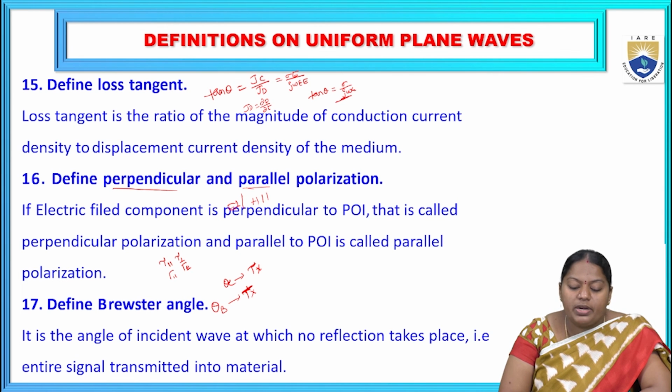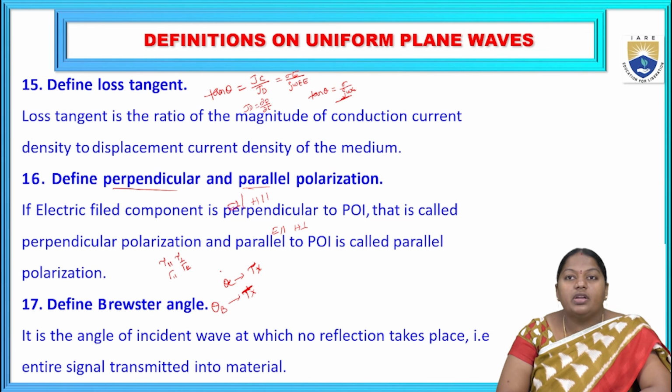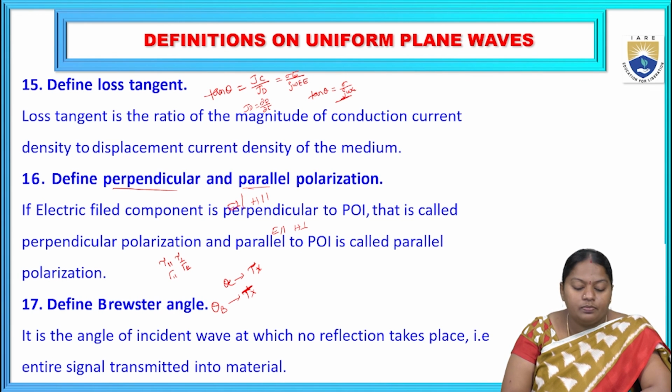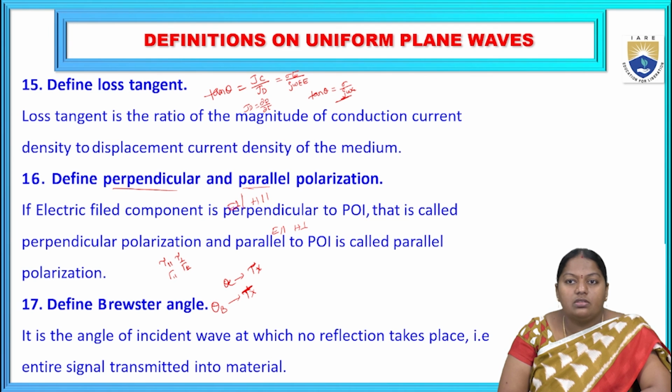If the electric field component is parallel to the plane of incidence, E is parallel and H is perpendicular, then the type of polarization is said to be parallel polarization. In the parallel polarization case, we'll be getting one of the angles called Brewster angle, and it gives us the angle of the incident wave at which no reflection takes place, that means the entire incident wave is transmitted into the material. The angle is called Brewster angle.